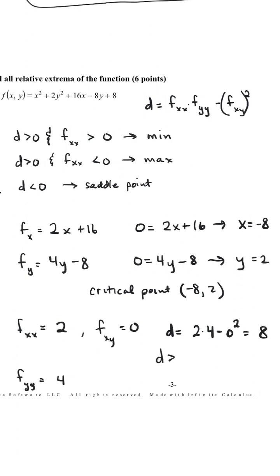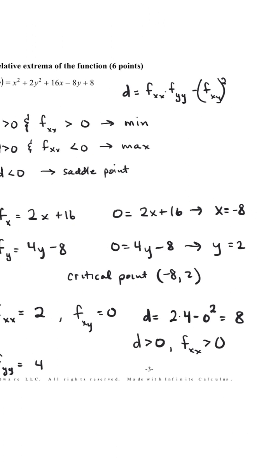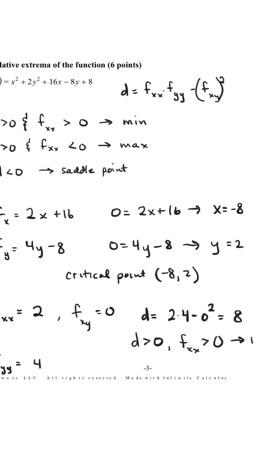So d is bigger than 0. This second partial derivative is bigger than 0. So we conclude that it's a minimum value. The critical point represents a minimum, but this is an xy coordinate in three-dimensional space because we have a function with x, y, and z.